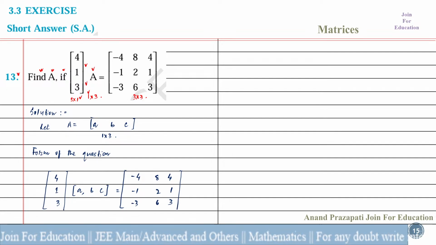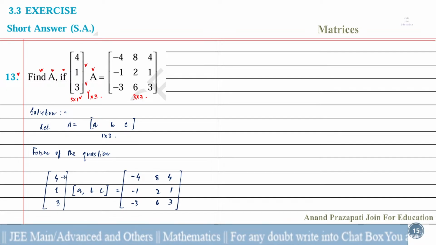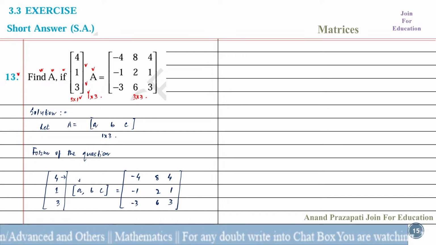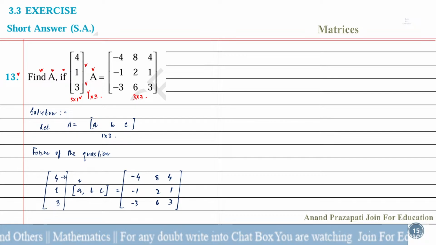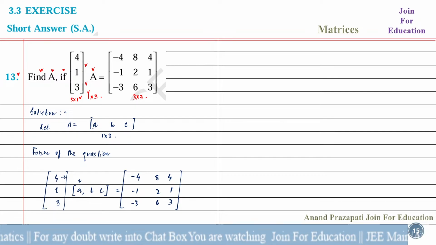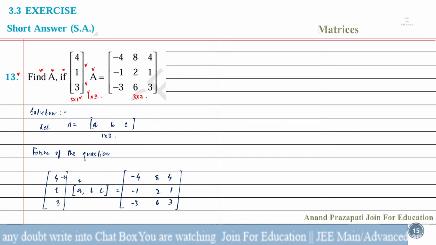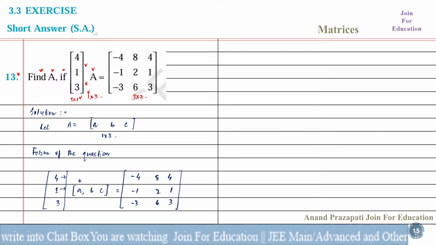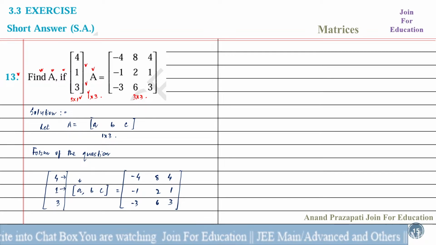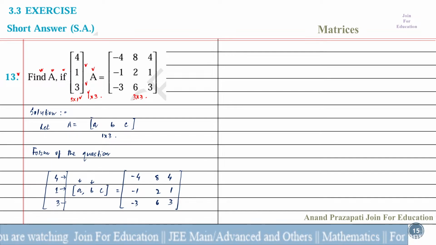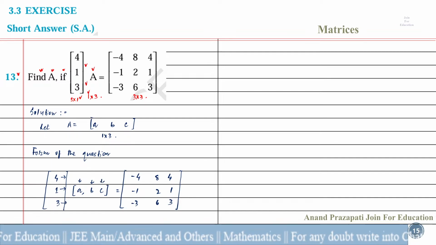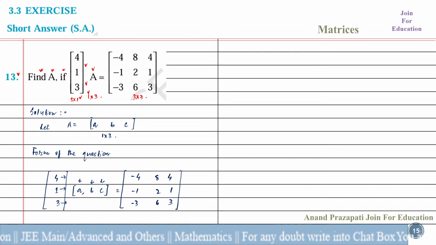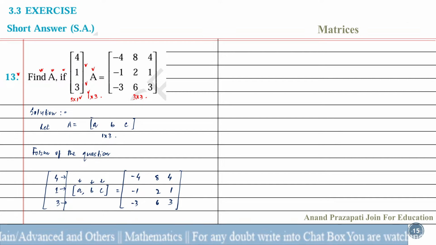Let's see the multiplication of this one. Then this one will be what? 4a. There is no problem to understand up to this step, and this one will be b, and this one will be 3 into c.